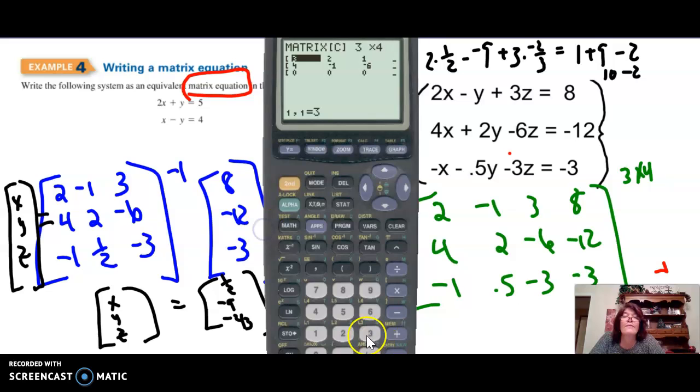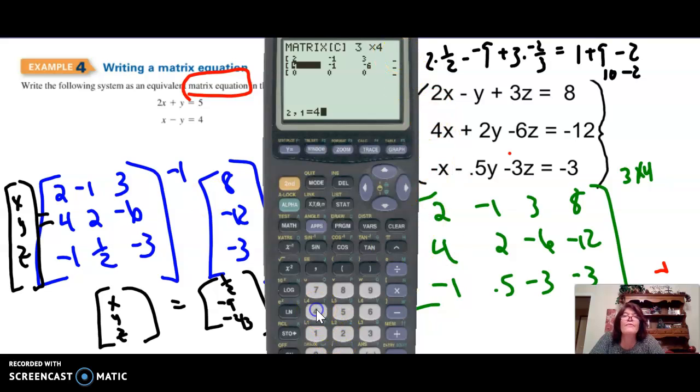And we're going to have, I know I'm so slow at this, 2, -1. It lets you have time to enter it as well. 2, -1, 3, 8. You can't see over there.